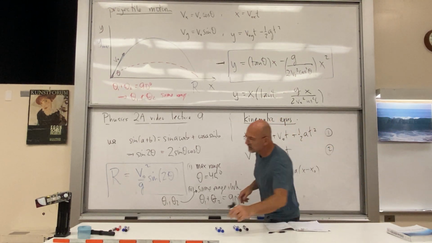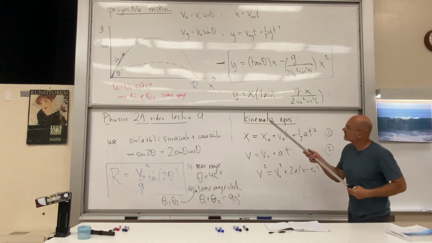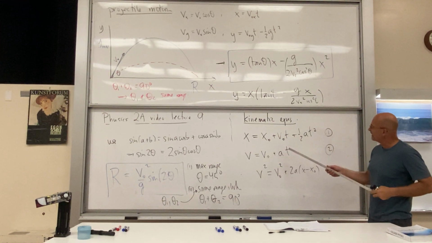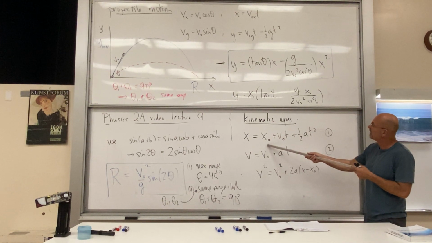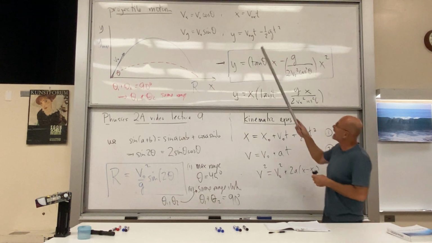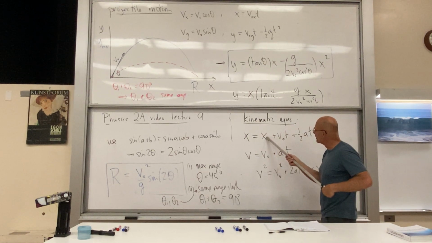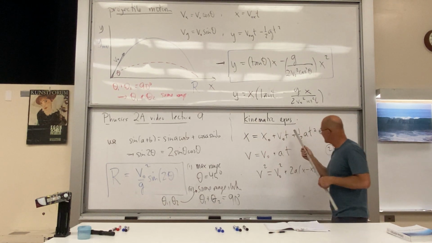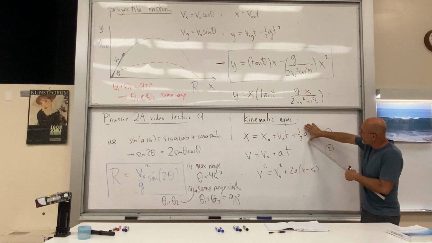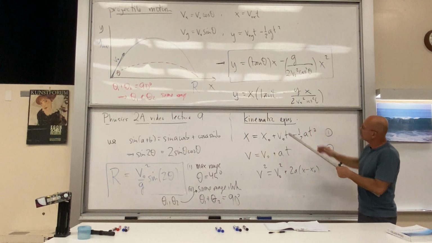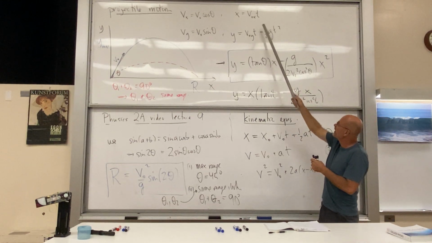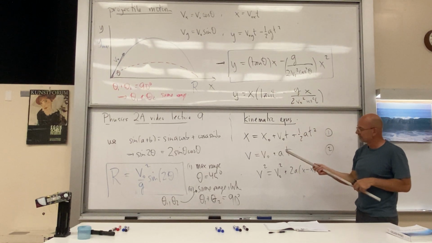So what did we do? First of all, in the x direction, we let x of 0 be 0, and we said there was no acceleration in the x direction. So that gave me x equals v0x times t.